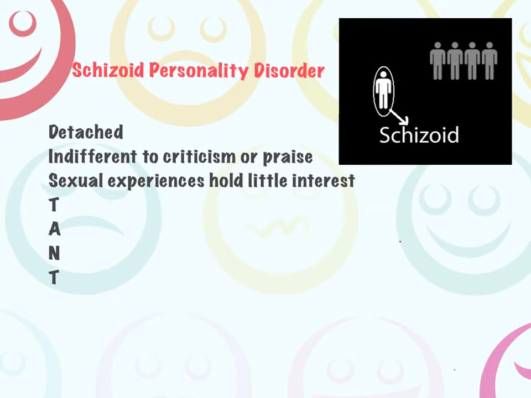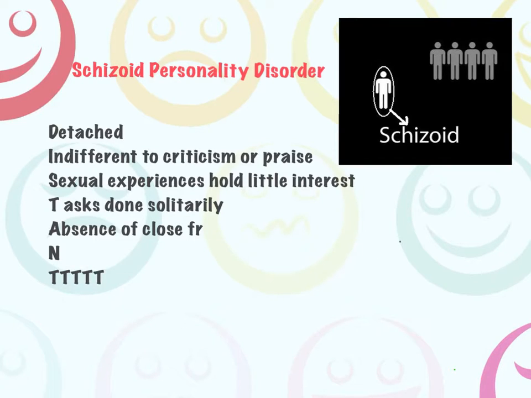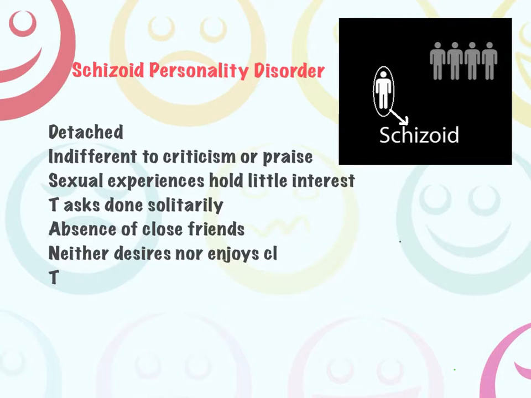And the T stands for tasks done solitarily. These people hate group work. They do best when they work alone. A, absence of close friends. N, neither desires nor enjoys, even in their own families very often, close relationships.